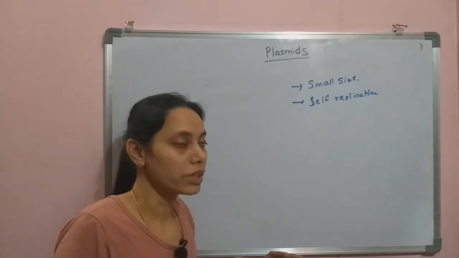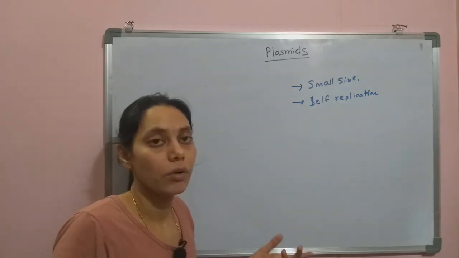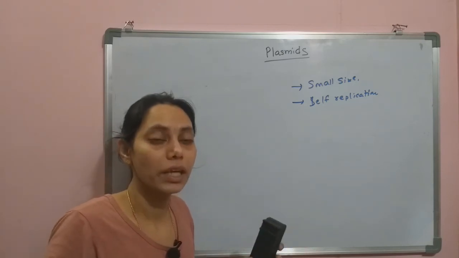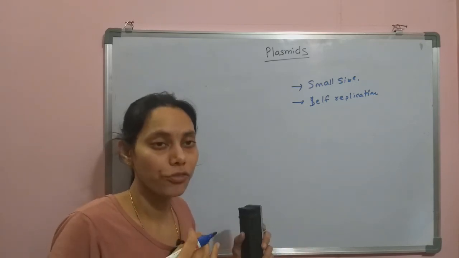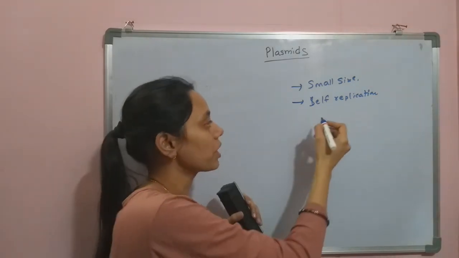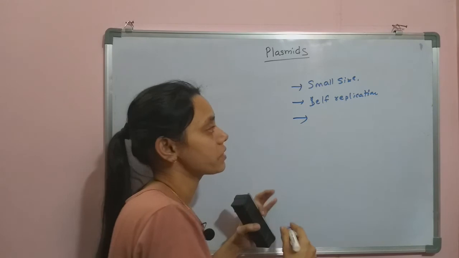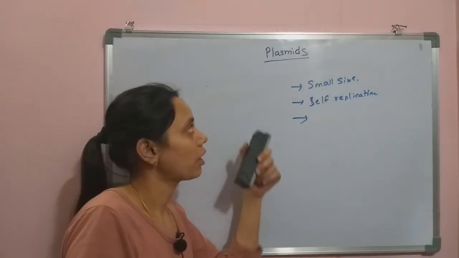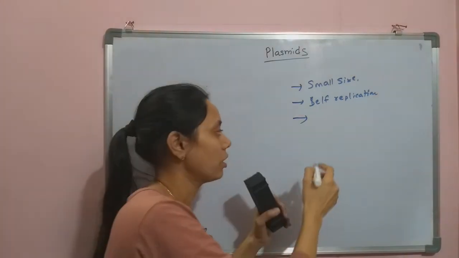So with high copy number or high replication, they can amplify the gene of our interest in them. So the vector needs to have self-replicating ability, and plasmids have that character.